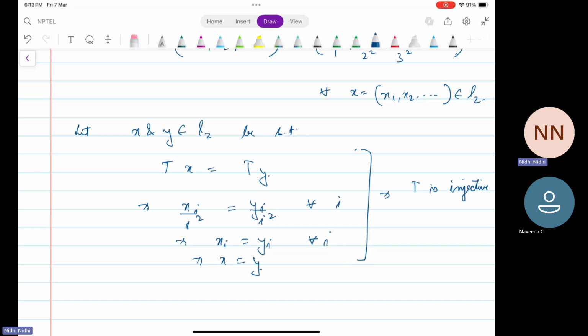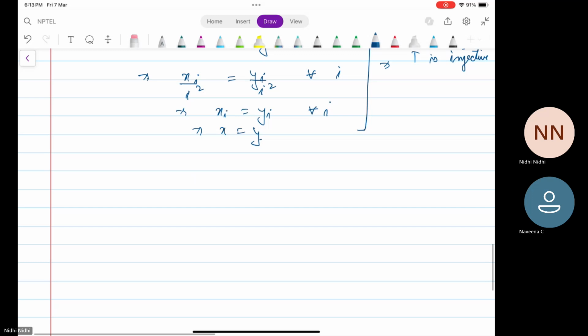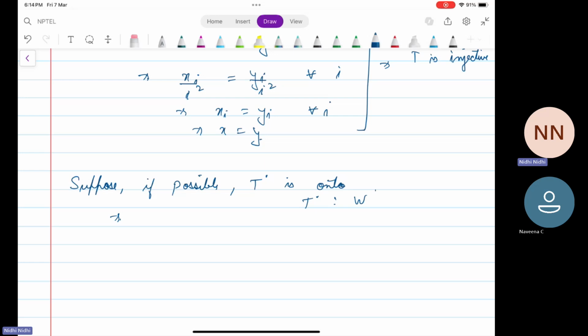Now suppose, if possible, T star is onto. Now T star is a map from W star to V star. So in our case, W star and V star are both l2 star, and we know that l2 star is l2 itself.